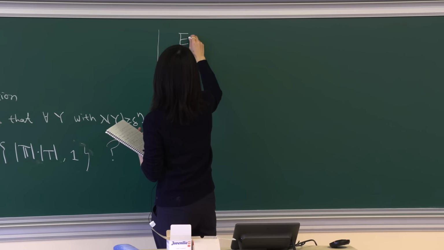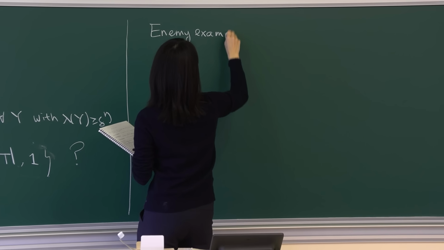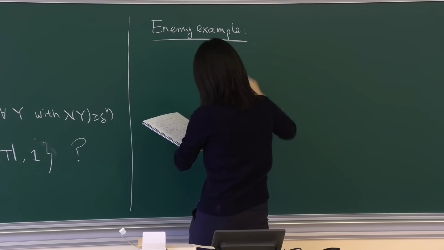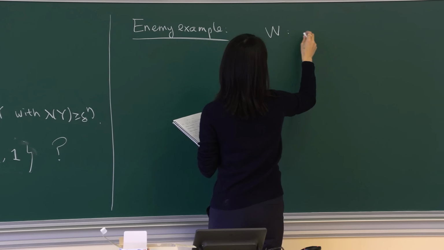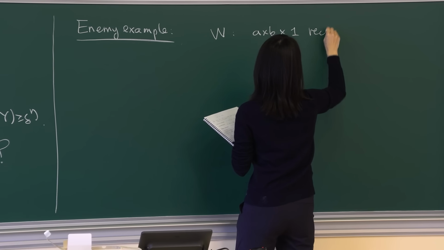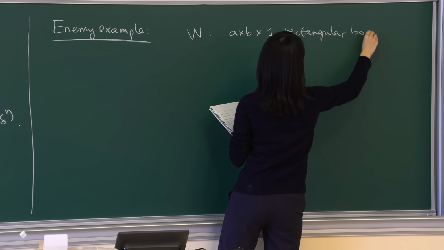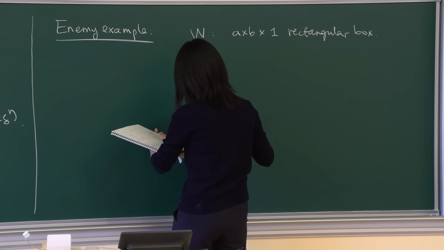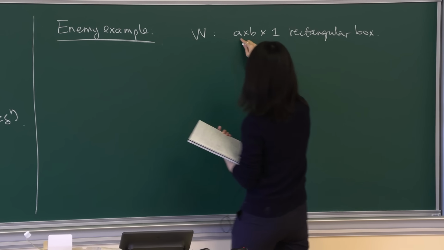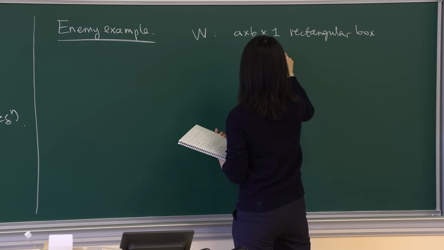So there is this enemy example. That is, if W is, let's say, an A times B times 1 rectangular box, then usually when we write something like this, we mean A less or equal than B less or equal than 1.